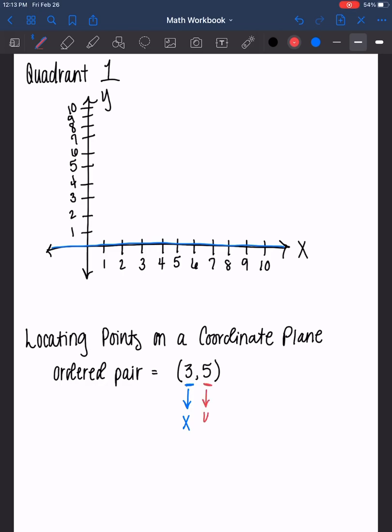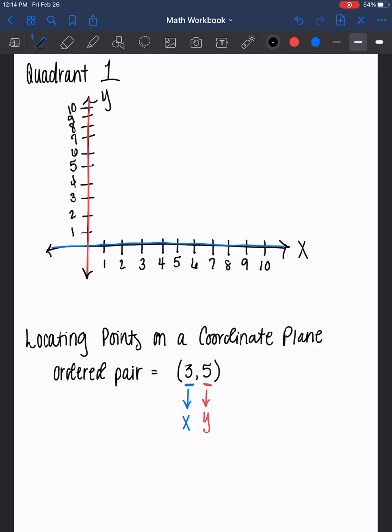Now the second number, you guessed it, it's the y-coordinate, which falls along the y-axis. So just like how we have the x and the y, we're going to have an x and y coordinate. Now we're going to go ahead and plot the ordered pair of 3 and 5.